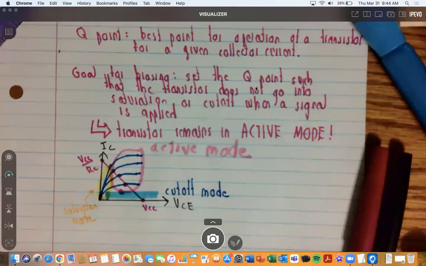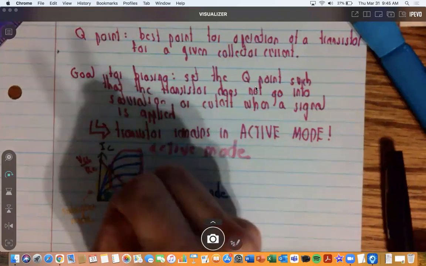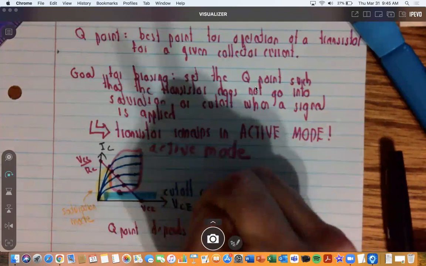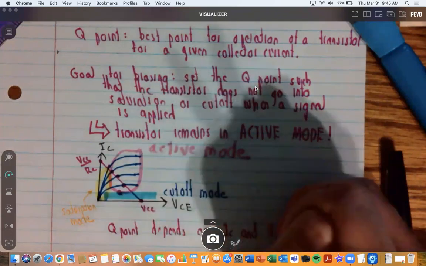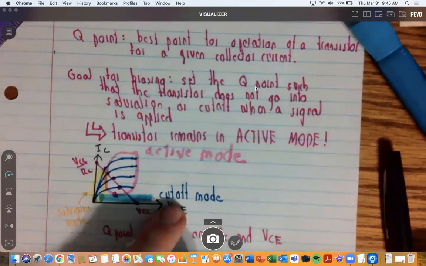And now that we talked about those, there are four different ones, but all I wanted you to take away from this is how you can see the Q point depends on IC and VCE from this graph, because it's IC as a function of VCE.